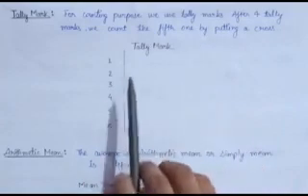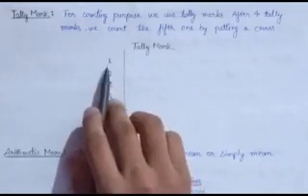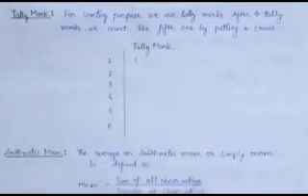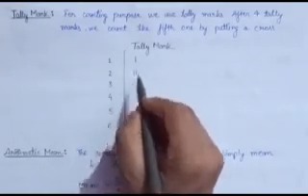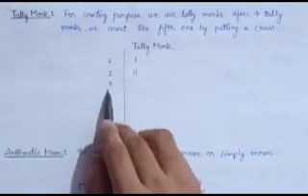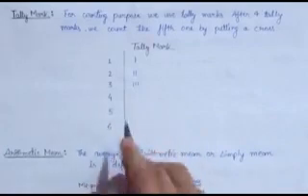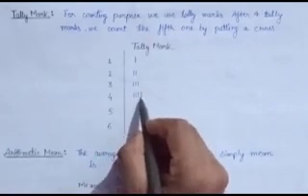Let us see how we count with the help of tally marks. So 1 is represented as one single line. 2 is represented as 2 lines. 3 is represented as 3 lines. 4 is represented as 4 lines.